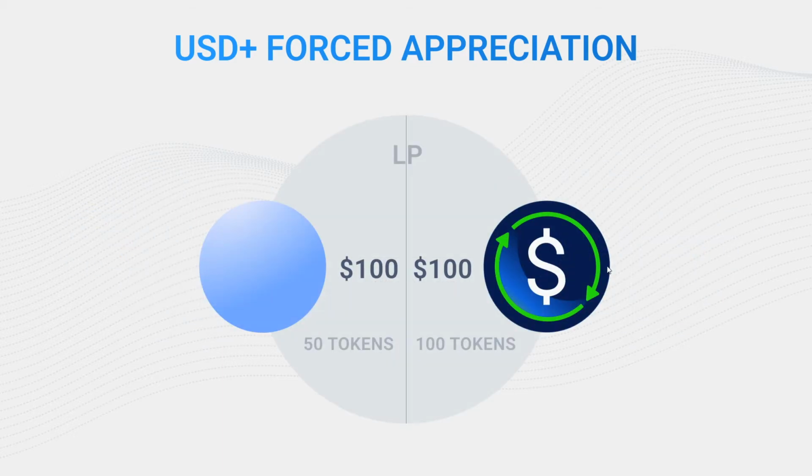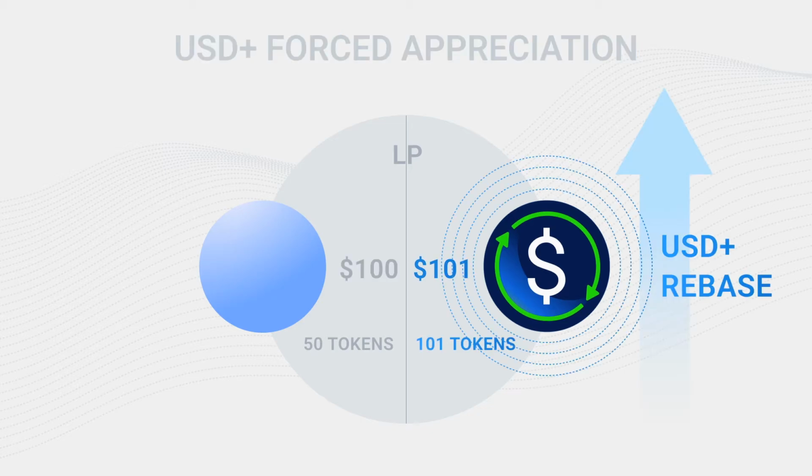If we take a look at each of these steps individually, here is our liquidity pool with, again, 50% of token A and 50% of USD Plus. Once we have the USD Plus rebase, we now have more money on the USD Plus side of the liquidity pool.